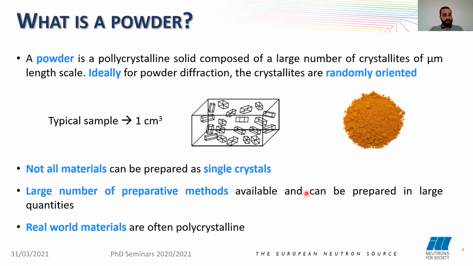Then, many materials in the real world are polycrystalline, and therefore it's interesting to study their properties. And powder diffraction provides information not only about the single crystal structure, but also about the microstructure, the orientation of the crystallites, or phase identification, among other applications.